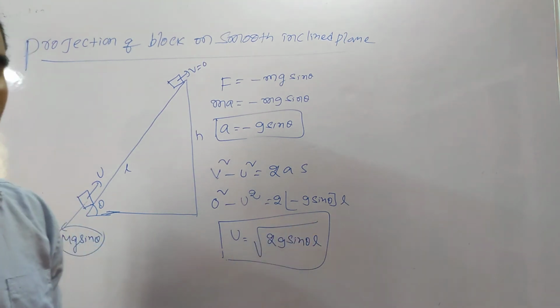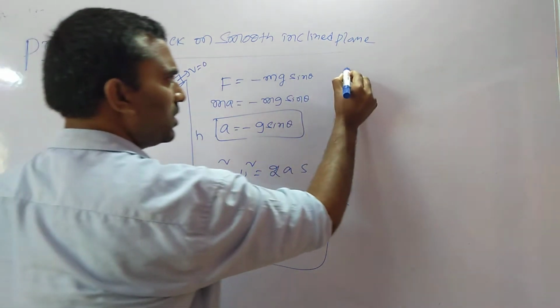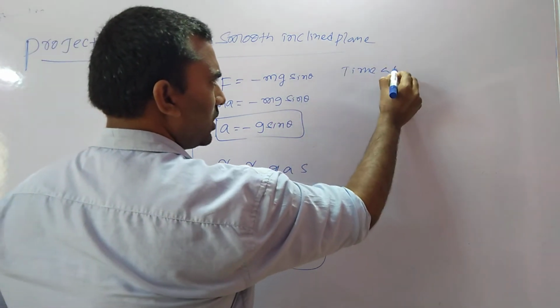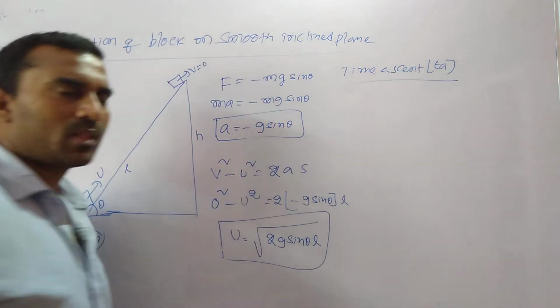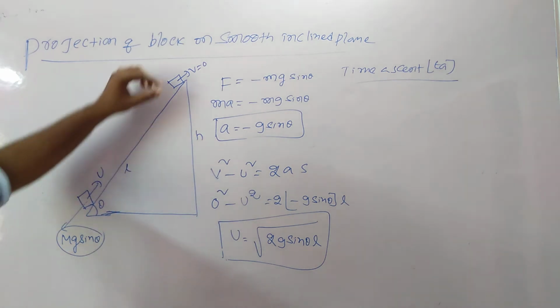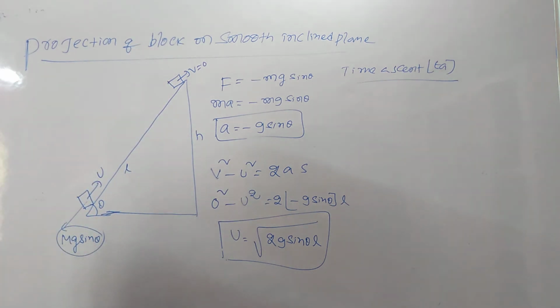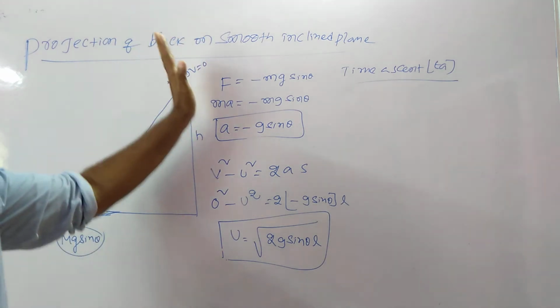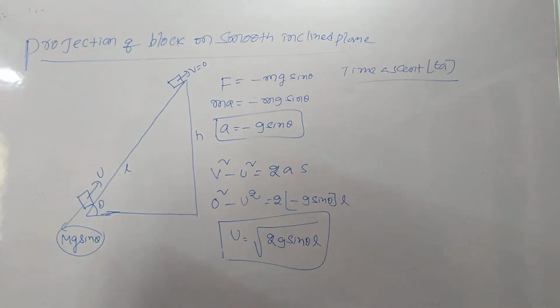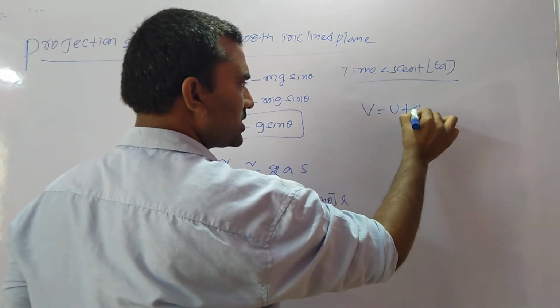Actually, what is the time of ascent, T A? The time taken by the block to move down the plane is called time of descent. Just opposite, the time taken by the block to move up the plane is called time of ascent. To calculate time of ascent, apply v is equal to u plus at.